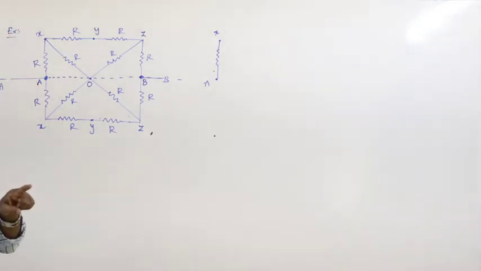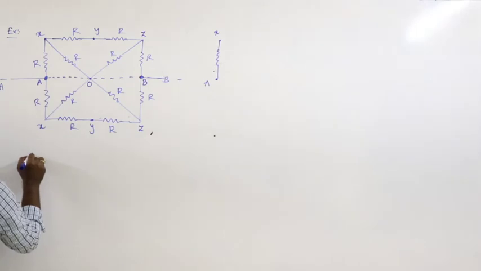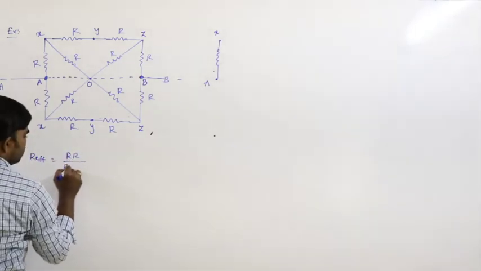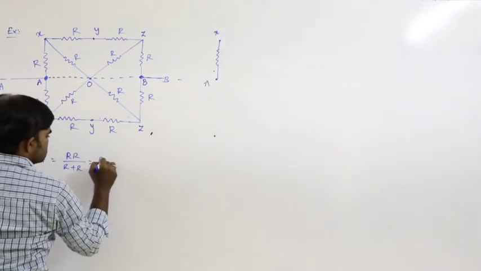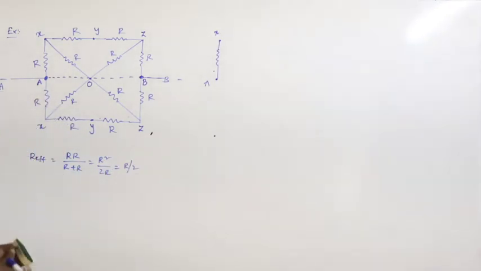If the potential difference is the same, those two resistances must be in parallel. Here R and R are in parallel. So R effective is equal to R1 R2 by R1 plus R2. So that is R square by 2R, that is equal to R by 2.